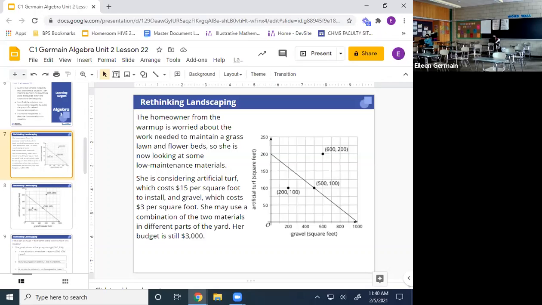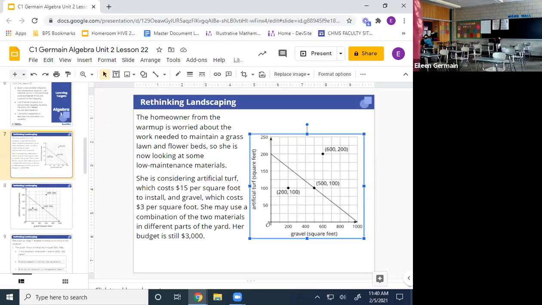Okay. So what we want to do with this scenario now is, this graph right here represents this new story. We're talking about gravel. We're talking about artificial turf. How many square feet you can buy of each that would add up to your total of $3,000.